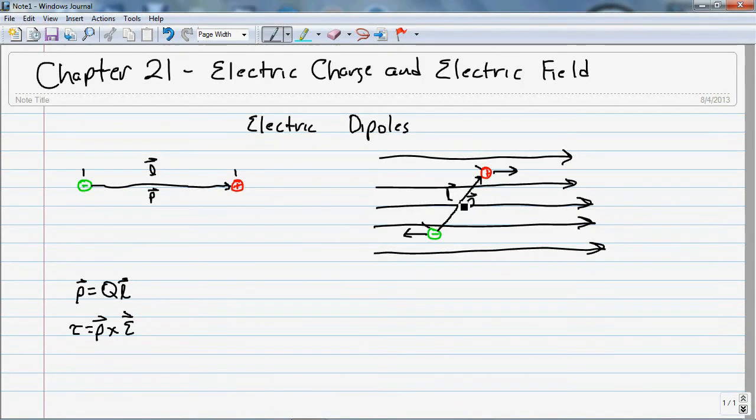Remember, cross product is the vector that's going to be coming out of the center, orthogonal, or 90 degrees, from the dipole moment. And we can substitute in from this previous. Q is just a constant, and we have L vector cross E vector.